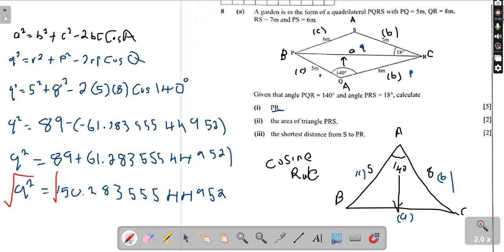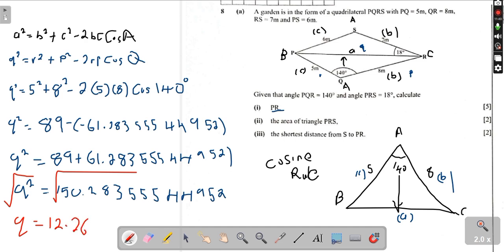Then the thing that you want to do now at the end is to square root both sides. So Q is equal to the square root of 150.28355544952. This has given me 12.259.